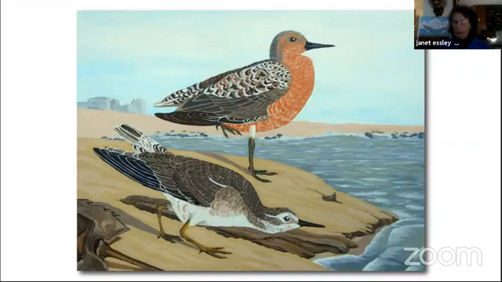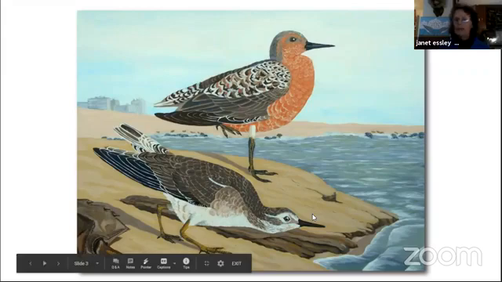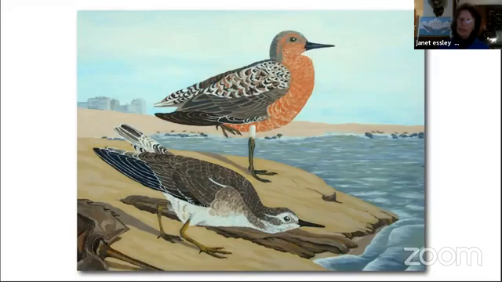Why are the birds coming to Delaware Bay? They're coming there because it is an important breeding site for horseshoe crabs who come onto the tidal flats of the bay on the high tides of the spring to lay their eggs. And they lay tons of eggs, which thousands of migrating shorebirds come in to eat.